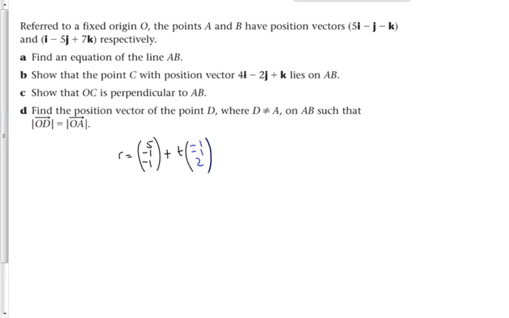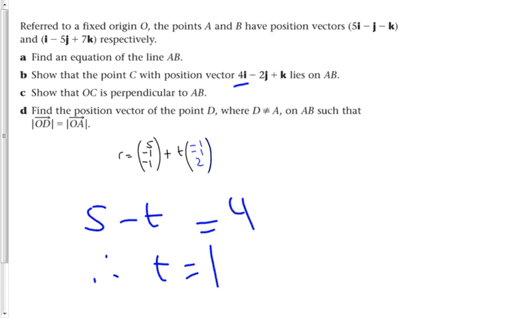And again, if I look at the i component, 5 minus t has to equal 4. And therefore, t has to equal 1.